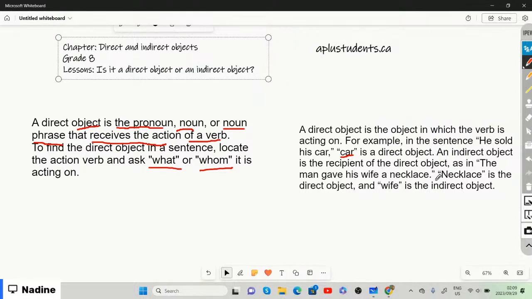So now an indirect object is the recipient of the direct object. For example, the man gave his wife a necklace. Which means that necklace is the direct object and wife is the indirect object.